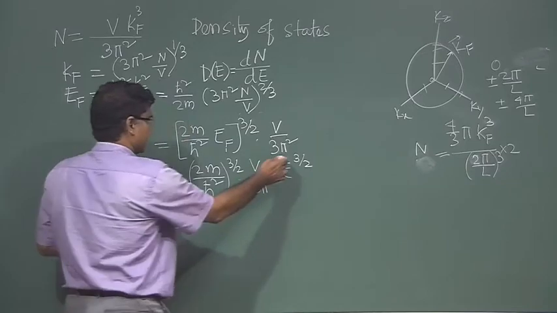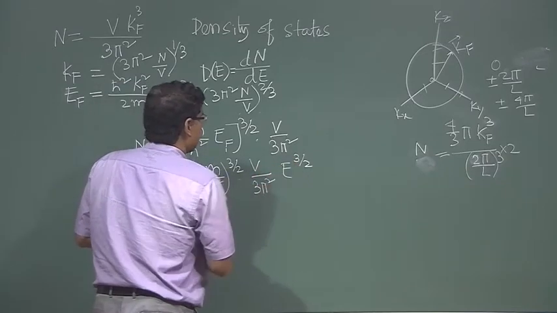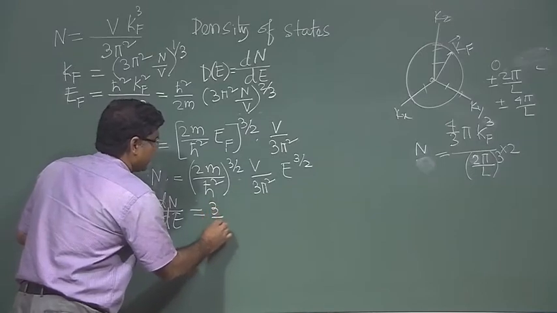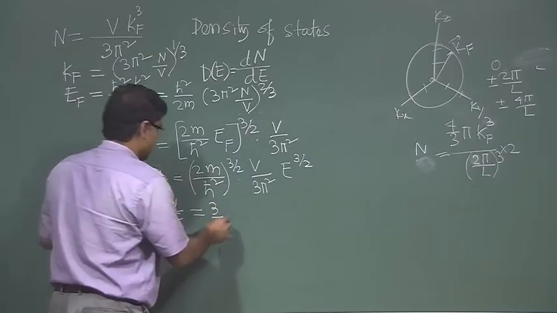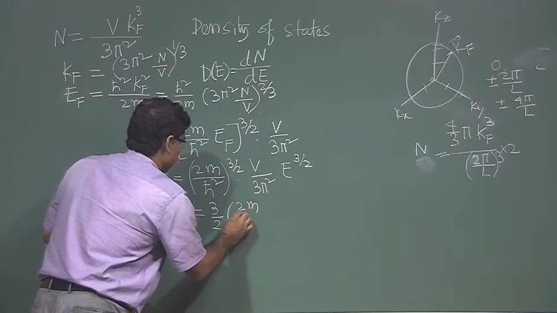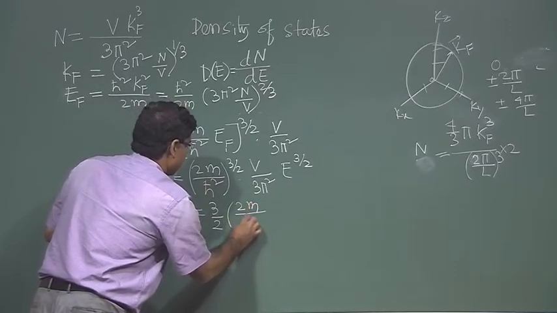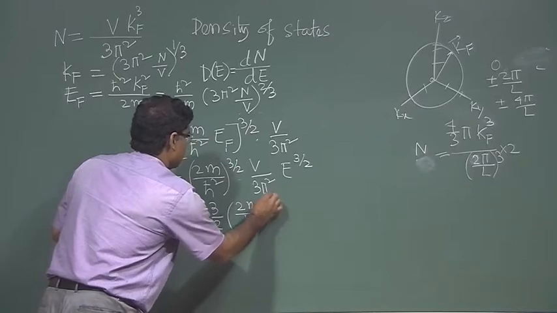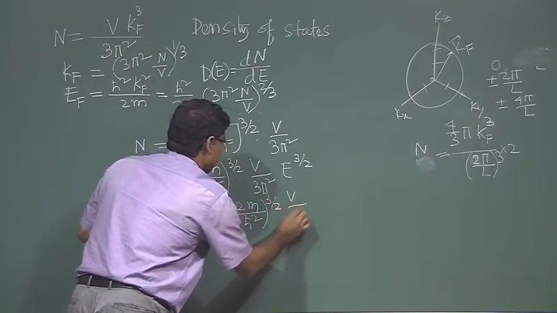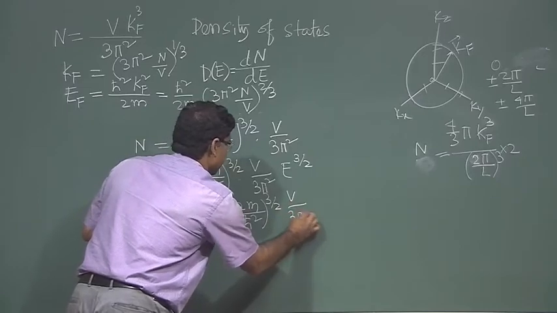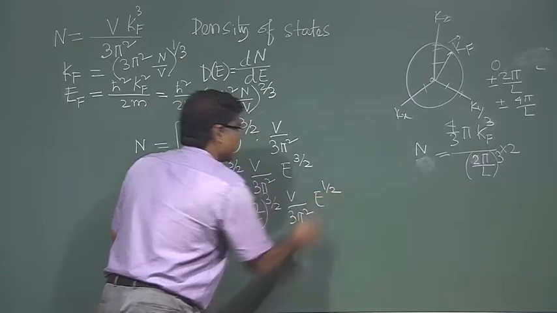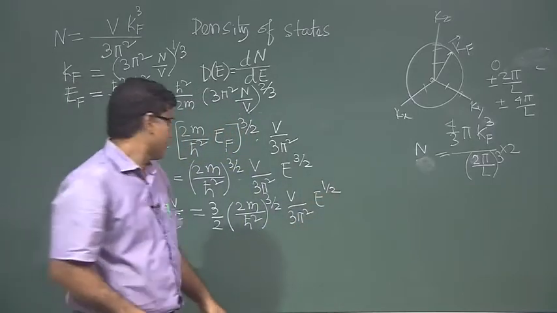So, it will give you 2 by, this is 3 by 2, this term 2m h cross square 3 by 2, and this term v by 3 pi square E to the power half, right.